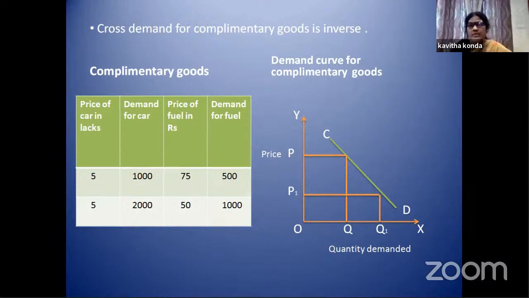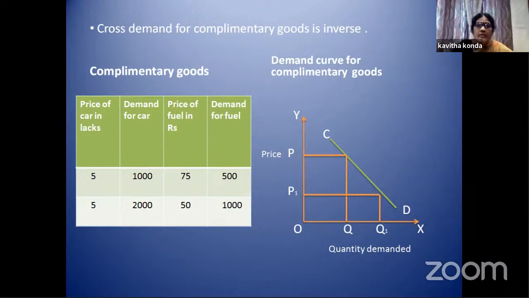If you are going to use a car or an automobile, we need to use fuel also. According to this, the table shows the price of the car in lakhs, the demand for the car, the price of fuel in rupees, and the demand for fuel. When the price of the car is 5 lakhs, the demand for cars is 1000, and the fuel price is 75 rupees, where the demand for fuel is 500.